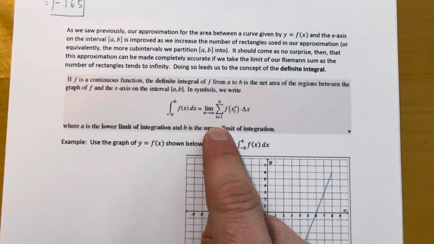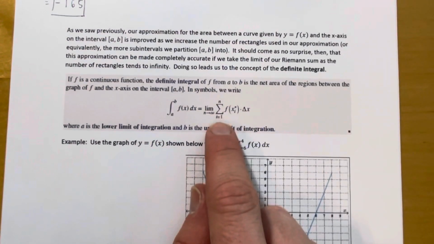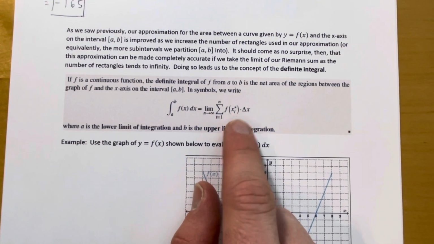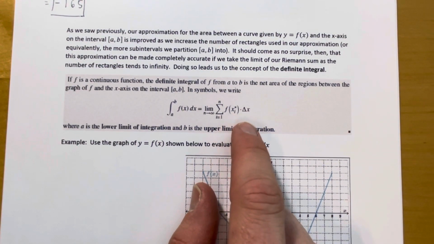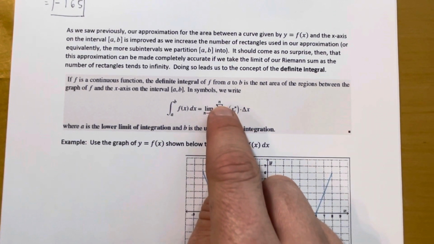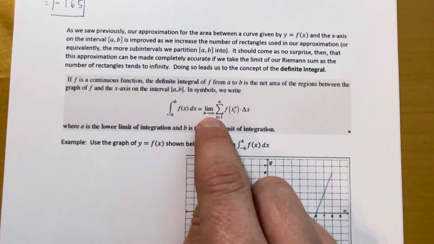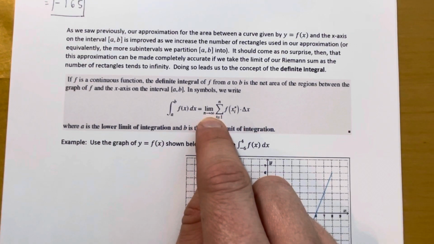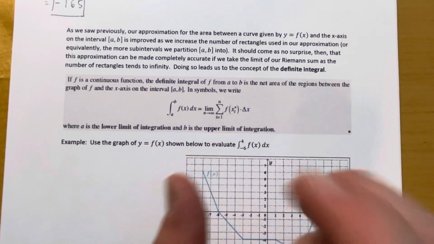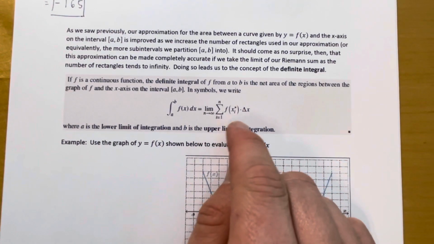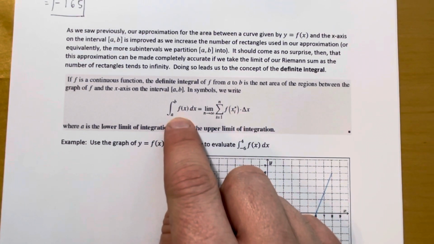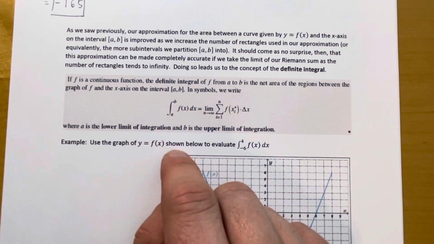And that's what ends up happening. So this summation right here is our rectangular approximation method for when we have n subintervals, but if we take the limit as n goes to infinity, it's no longer an approximation, it's an exact area. And that is defined to be this, the definite integral.